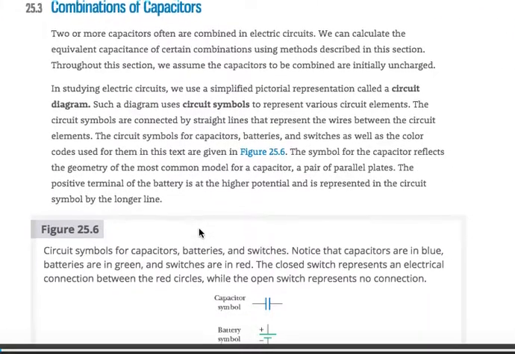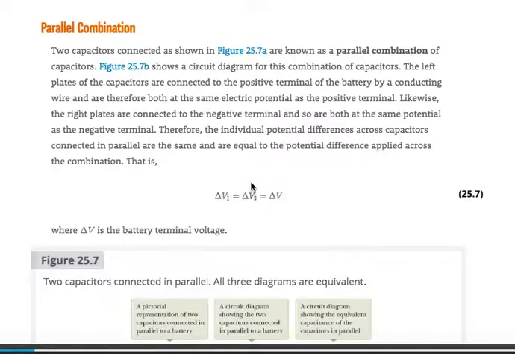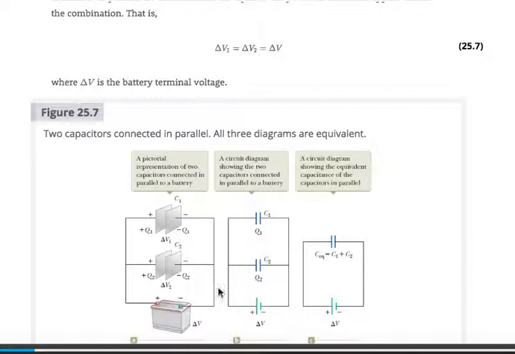All right, equivalent capacitance for a series or parallel circuit. If you have 2 capacitors placed in parallel, we know that if current is coming out of the battery, it can split and go down either path. That means that the total charge coming out, some of it went here and some of it went here. We also know that the difference of voltage across each of the parallel paths is the same.